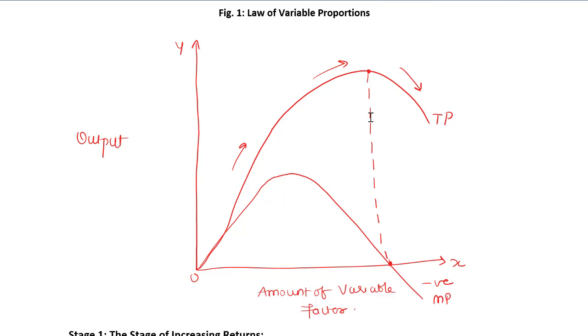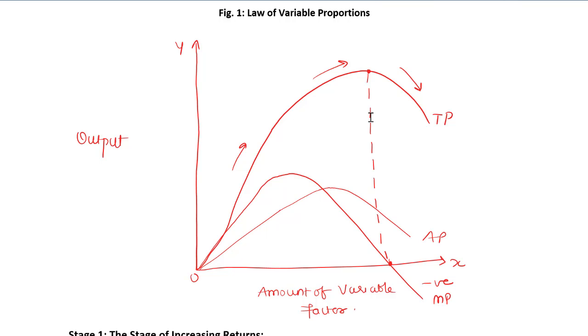When marginal product is increasing, average product is below the marginal product. Then it cuts the marginal product.